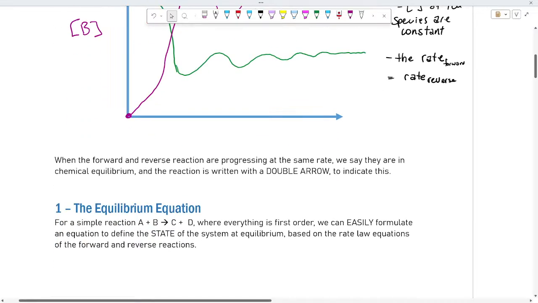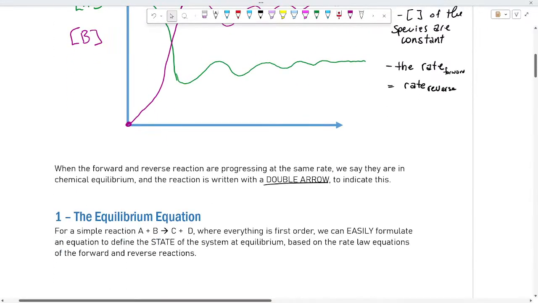Now, we actually write this a different way, which is we use a little double arrow to indicate this. Instead of writing both the forward and the reverse reaction, the convention in chemistry is that we say that this reaction can go in both directions.